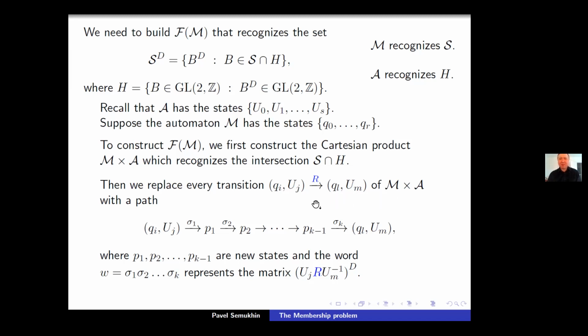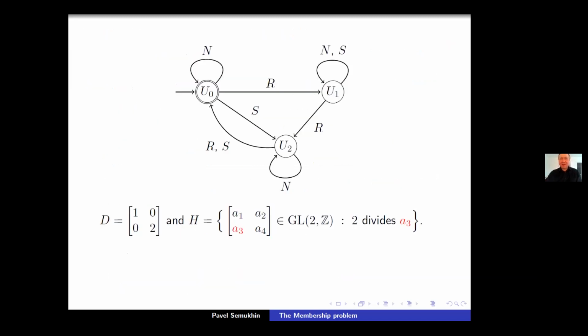So I want to give one example of how this procedure works, but to make things easier, I will only consider the automaton A instead of this product M times A. And it looks like this.